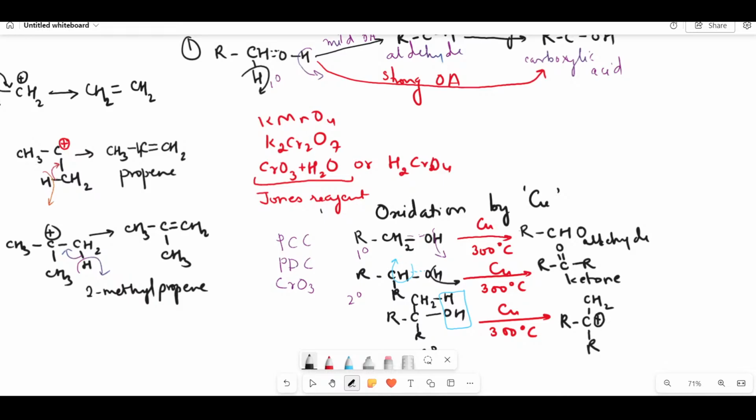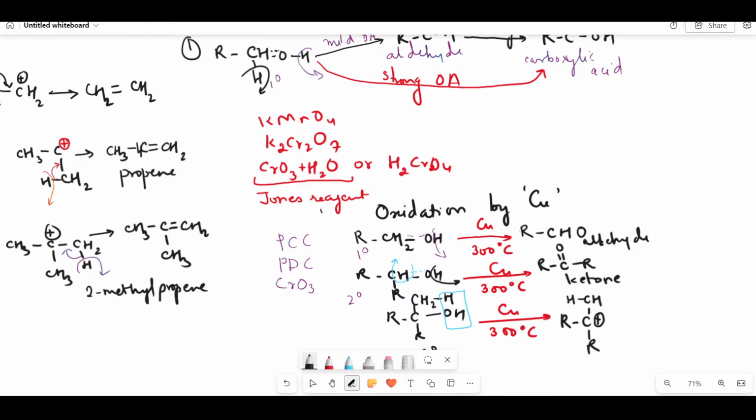Wherever there is a formation of carbocation, the H will fall at that carbocation. So I'll just erase this and write it again. Another H over here, CH2. There is a formation of carbocation over here.